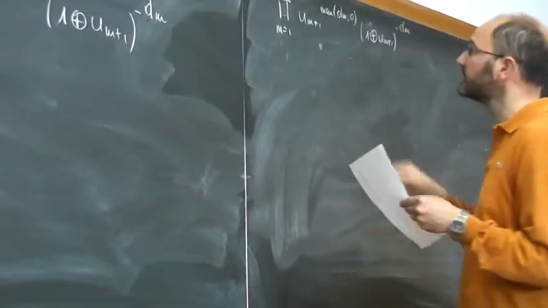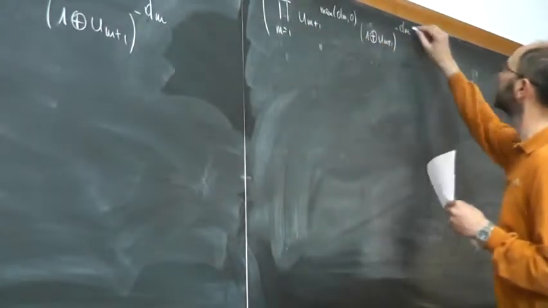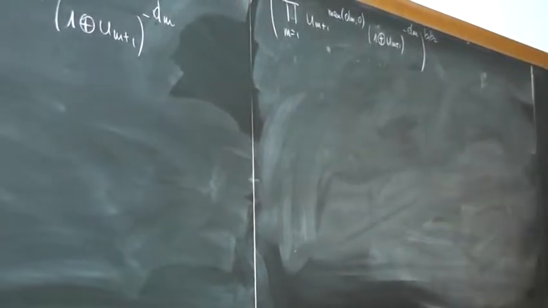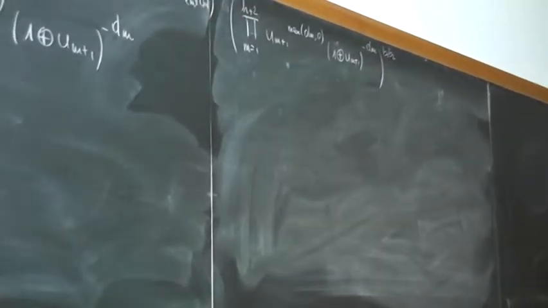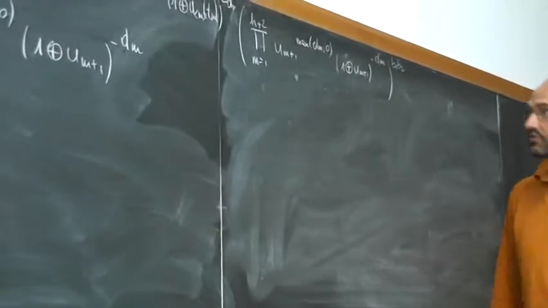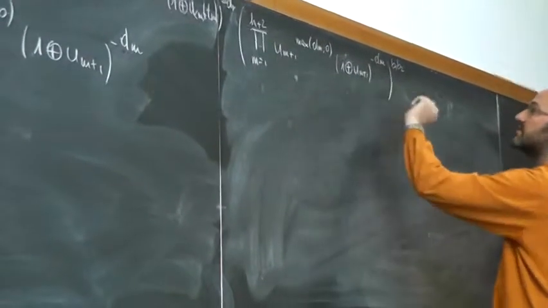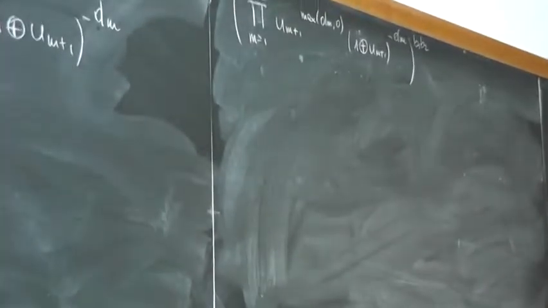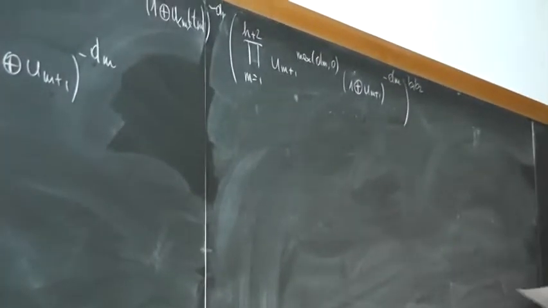And we put an exponent here, b1 times b2. Remember that the group P is torsion free, so to prove that this is 1, it's enough to prove that this power is 1. Okay.